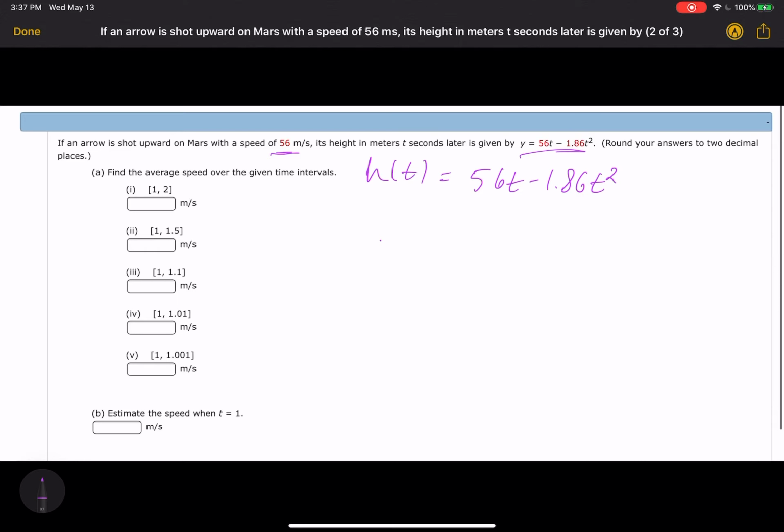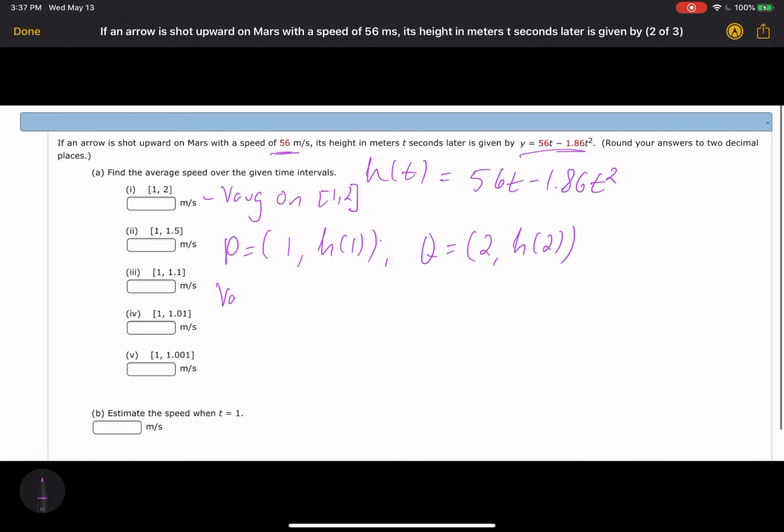And what the problem is asking is to find the average velocity on different intervals. So this will be V average on [1, 2]. What this means is that our point P will be equal to (1, h of 1), and Q will be equal to (2, h of 2).